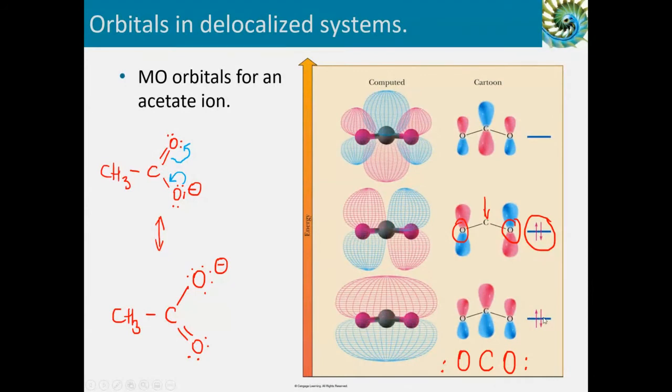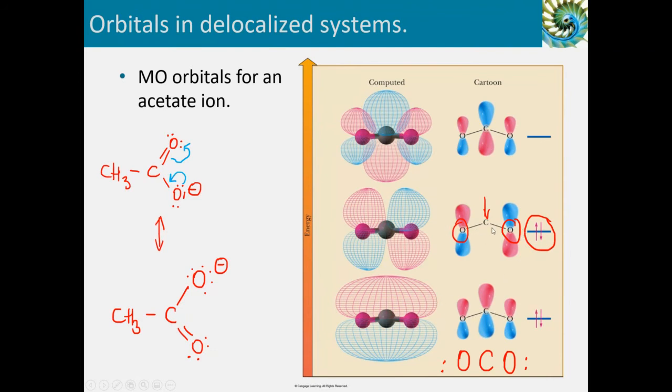Okay, and it is possible because right now all the p orbitals are aligned properly, and the wave signs of the wave functions that represent each and every p orbital are properly aligned too. Okay, so this bottom part is your double bond.